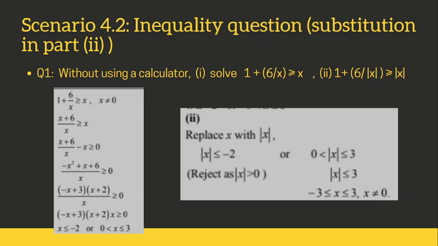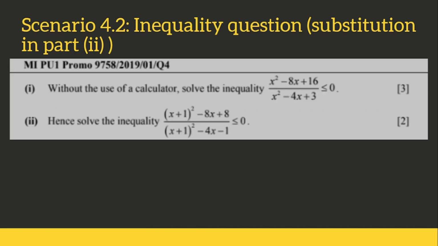Minus 2 modulus will still be equal to 2. And minus 3 will still be equal to 3 when you put in a modulus. It's only when the magnitude, which I mean just the number, is greater than 3, like minus 4, for example, you modulus it, it becomes 4, so it cannot. That's why the answer is just minus 3 is less than or equal to x, which is less than or equal to 3.